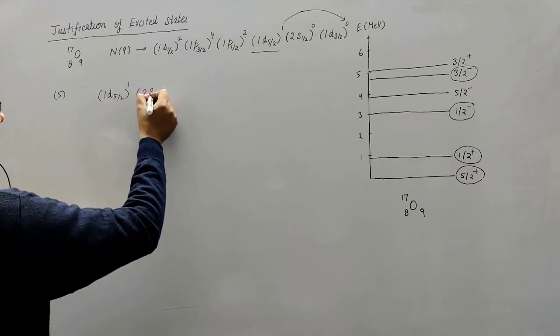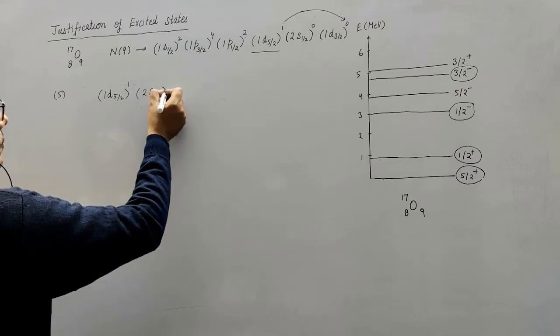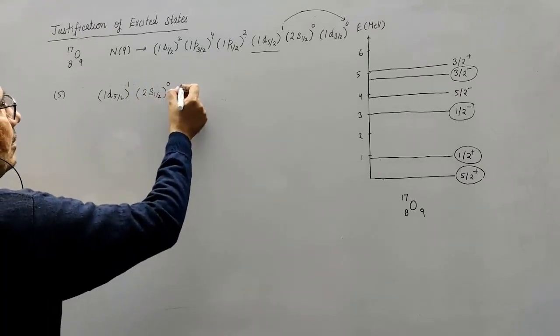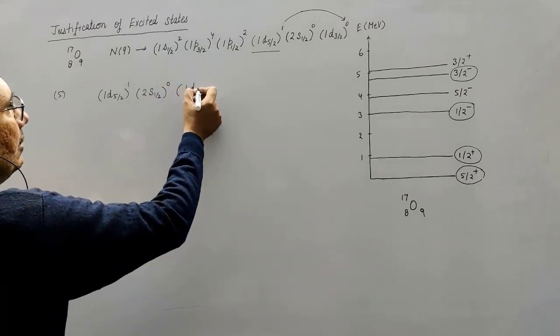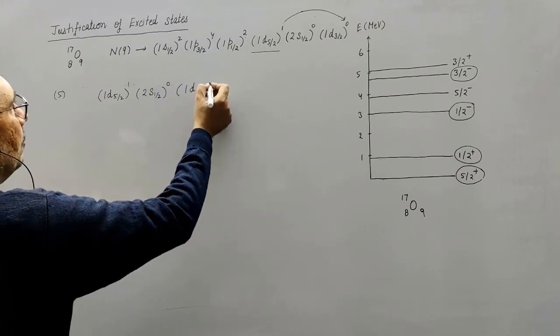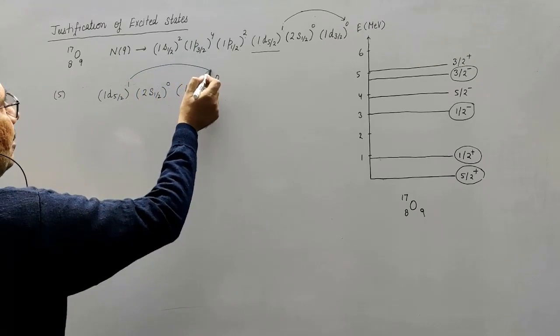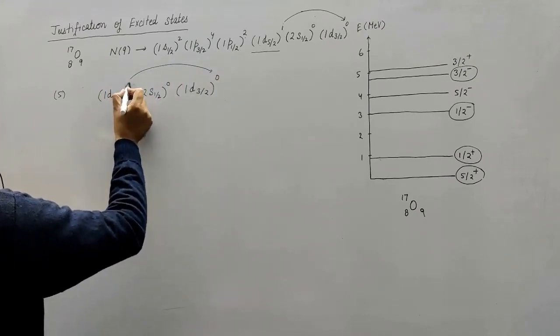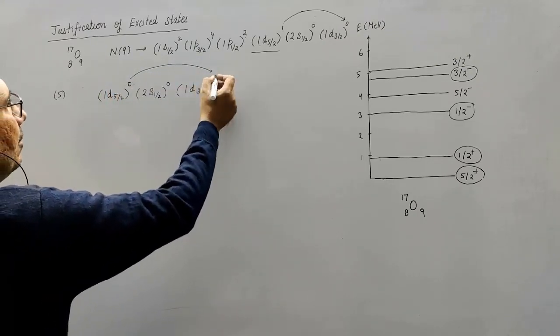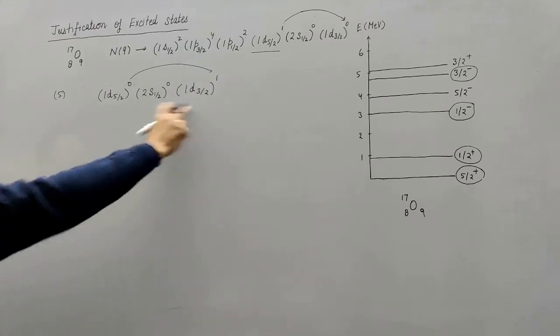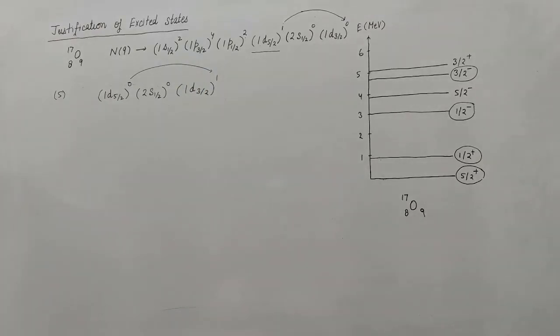After this we have 2s 1 by 2, which is 0, and there is no neutron in 1d3 by 2. So 0 is here. If this unpaired neutron jumps from here to here, then it will become 0 and this will become 1. Now the unpaired neutron will be in the 3 by 2 state.